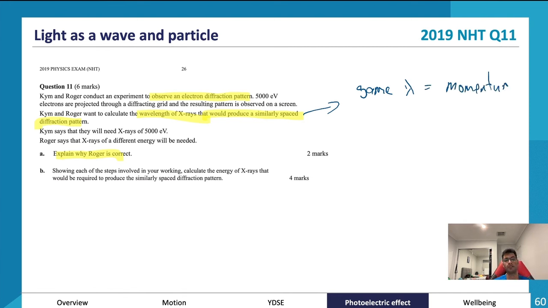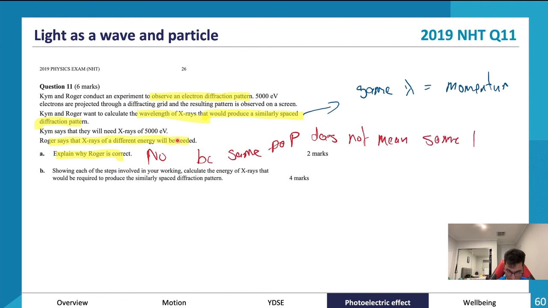These two students are arguing: will the energy of the X-ray have to be the same as the electron? The answer to this will be no, because same momentum, same p, does not mean same energy.